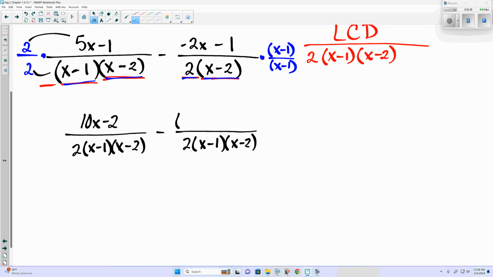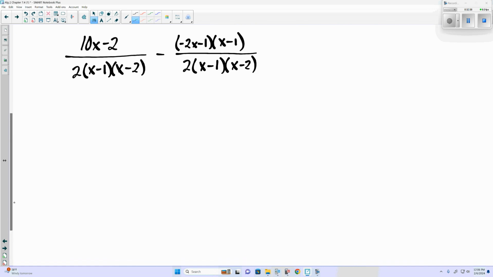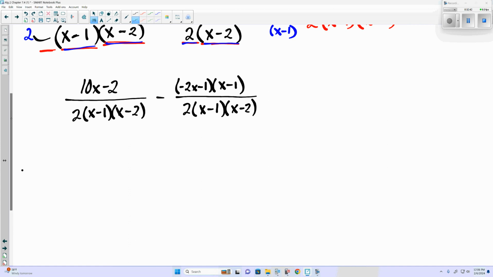Our other side, it's going to be better if we write this out. We have 2x minus 1 times x minus 1. If we want to, we could distribute it out at this point. Let's multiply them together and then distribute here.